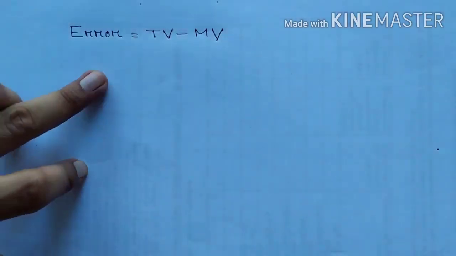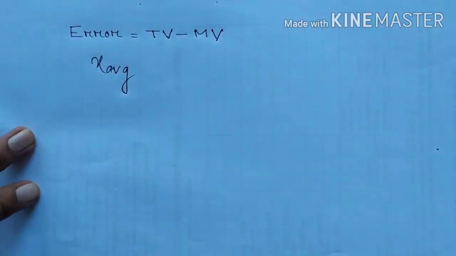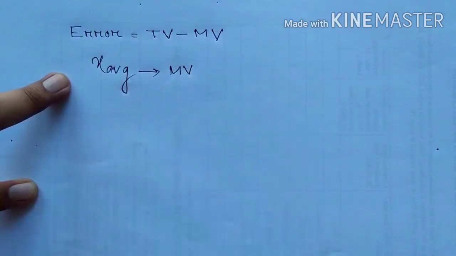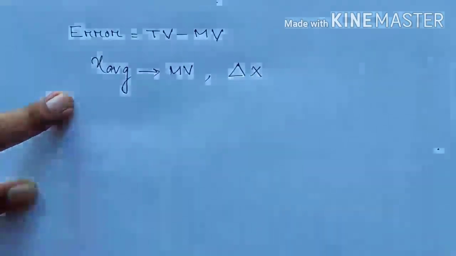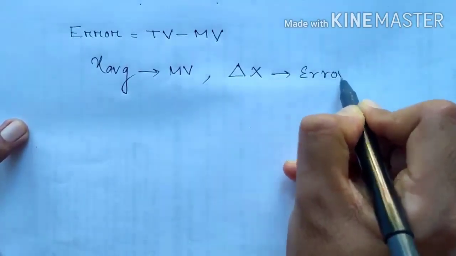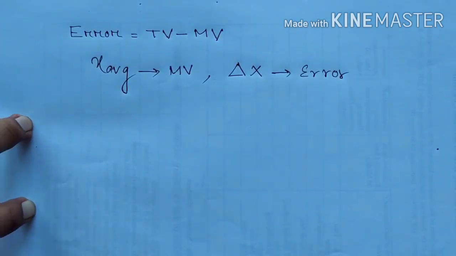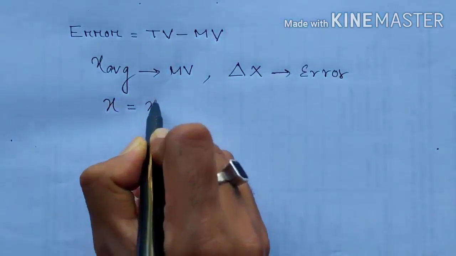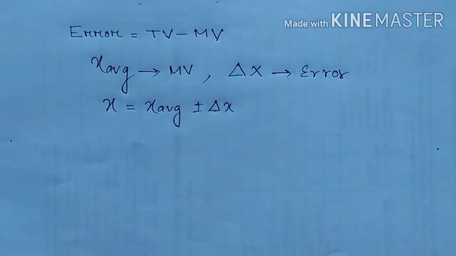a conclusion that if X average represents the measured value of a quantity to be measured and delta X represents the respective error in its measurement, then the true value of that quantity, which we also call the result, can be expressed by the equation X equal to X average plus minus delta X. Why is there a plus minus?